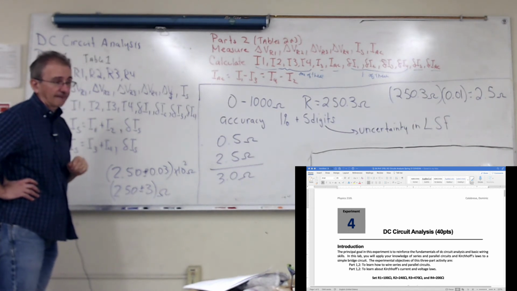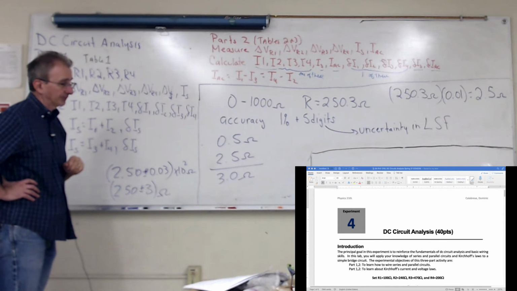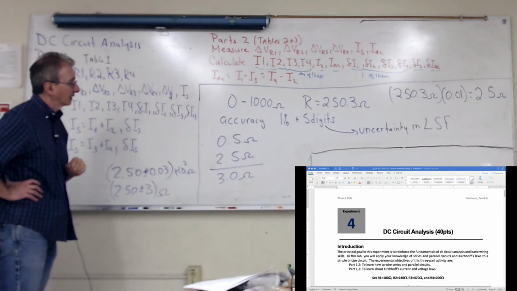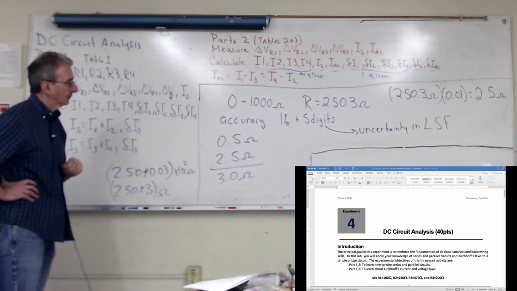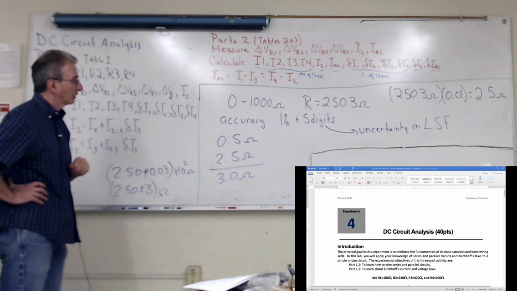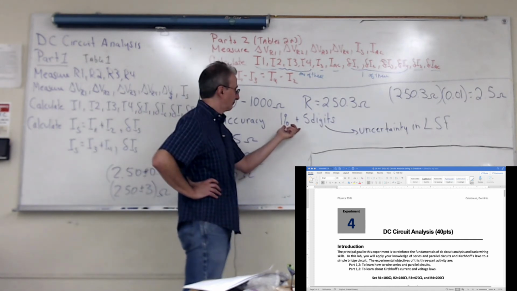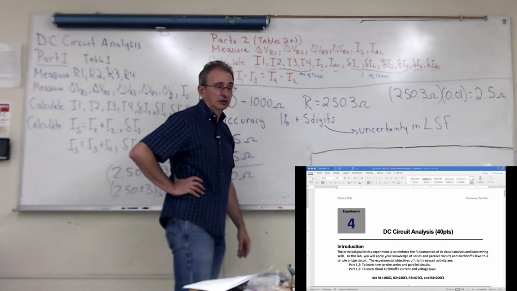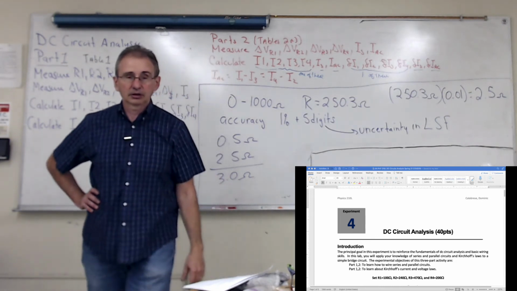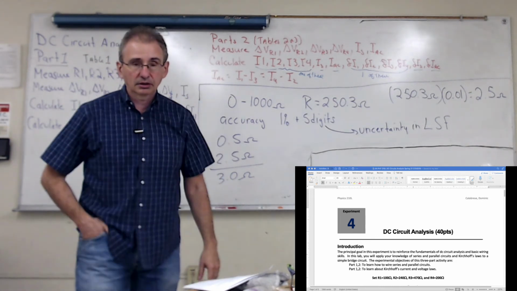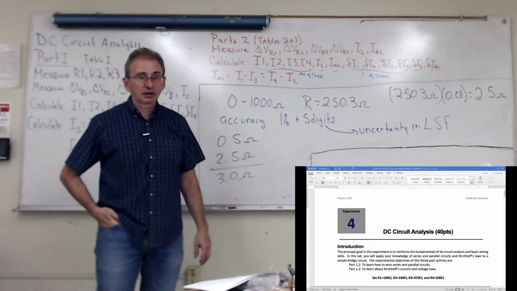So the uncertainty for the multimeter, that 1% plus 5 digits example, works for everything it measures, right? Not just resistance? Well, it depends. You have to look at the manual. It might be a different value if you're measuring current. But would it still be in terms of percentage plus digits?